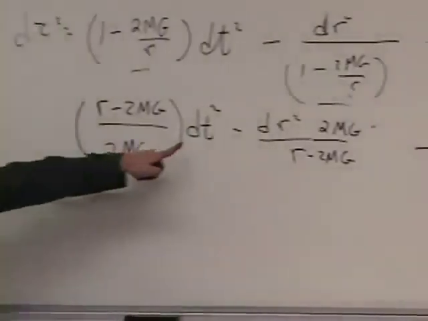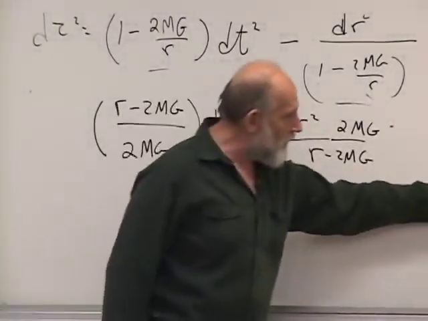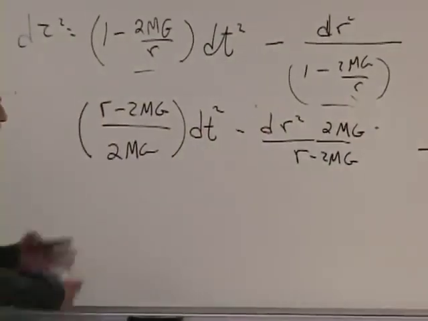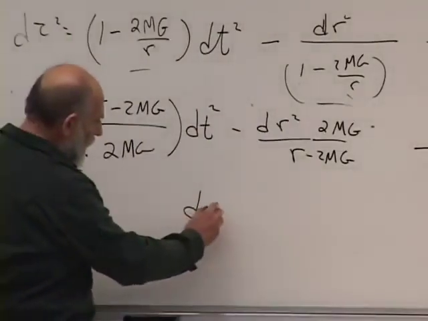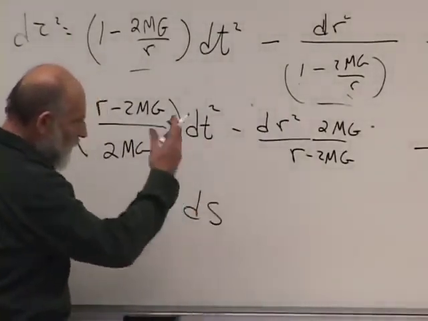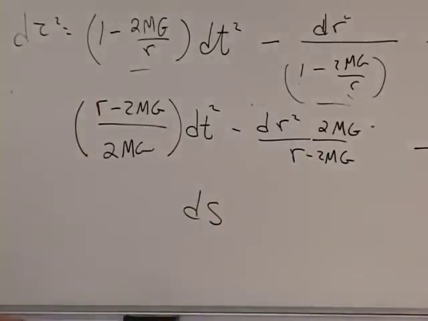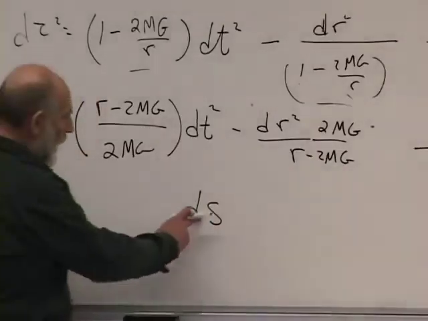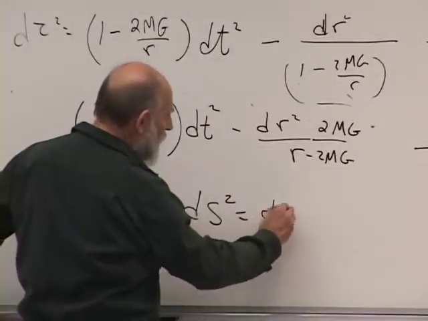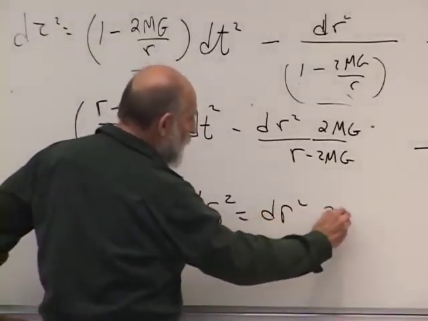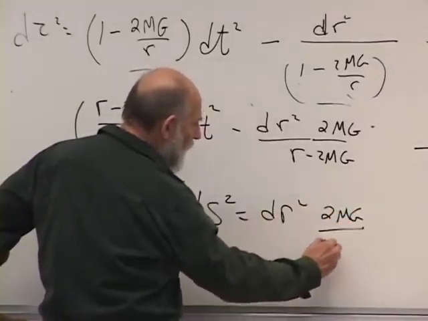If we move out without changing time and without changing dz and dy, then the proper distance that we move out, let's call it ds. ds squared is the same as d tau squared except with a minus sign. The proper distance, ds squared, is just equal to dr squared times 2mg over r minus 2mg.